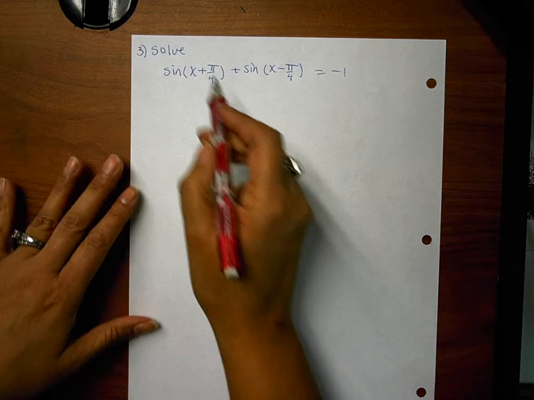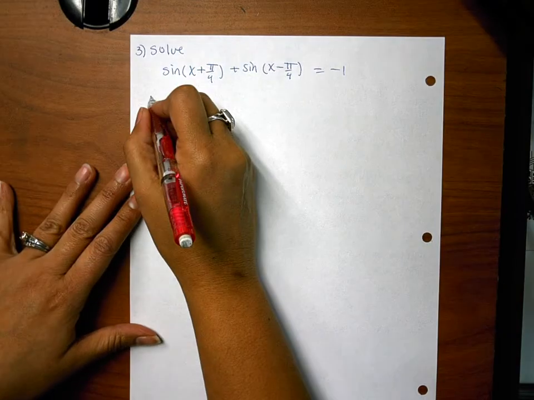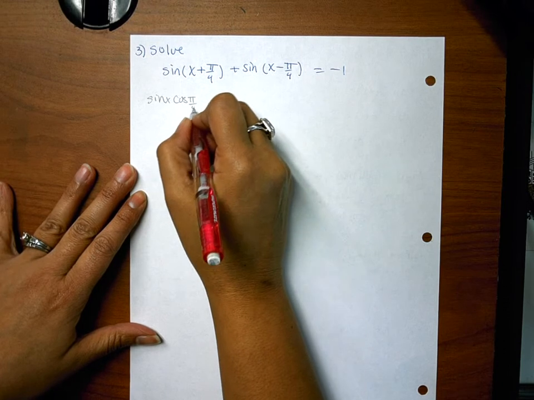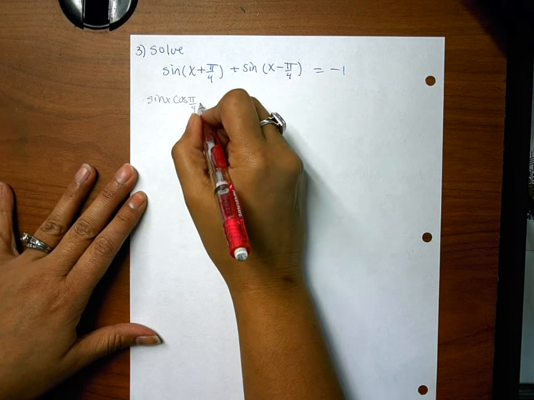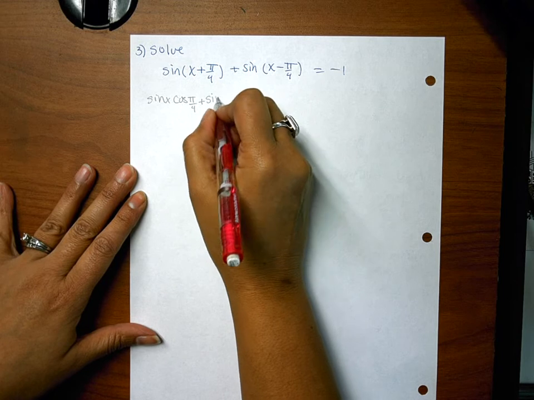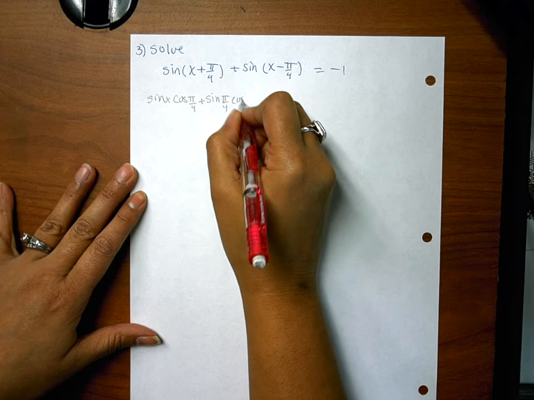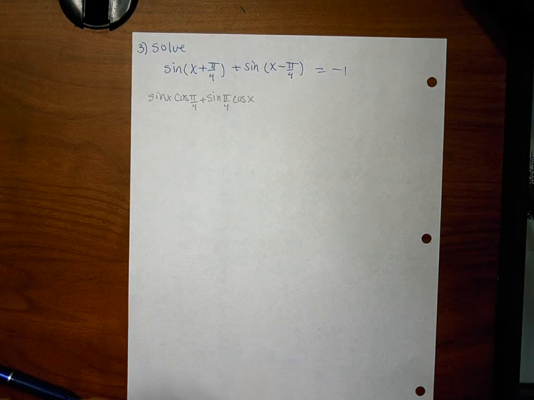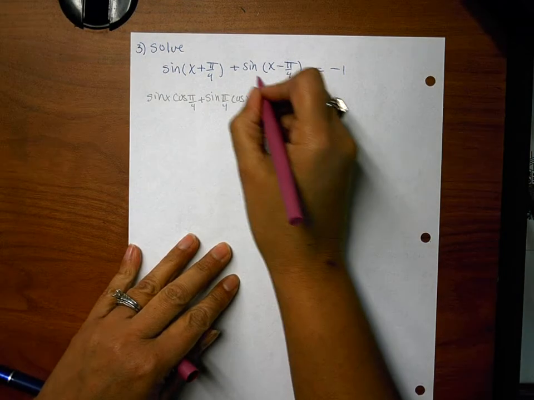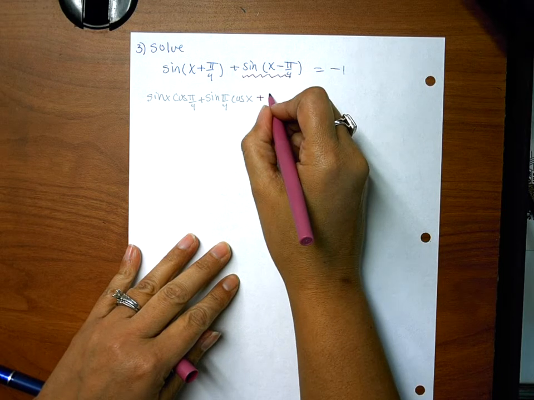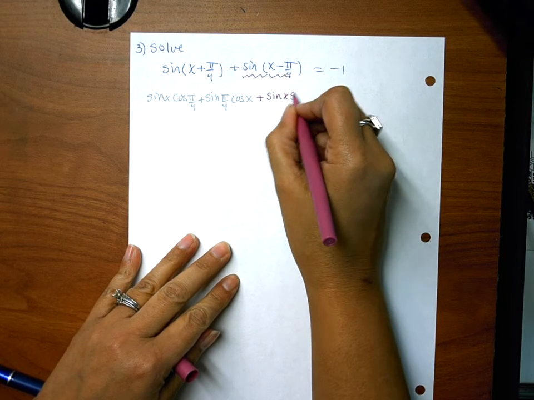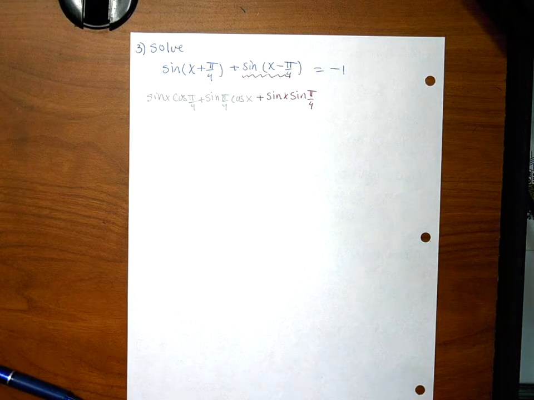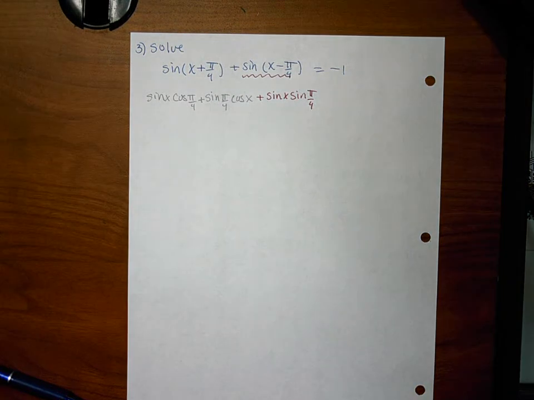What you're going to do is, just what I did earlier, use your angle addition laws to expand them out. Do not distribute, expand. Sine of x cosine of pi over 4 plus, same sign, sine of pi over 4 cosine of x. Okay, I will change colors, plus now I'm going to do this one here, and it's expand again, sine of x sine of pi over 4.